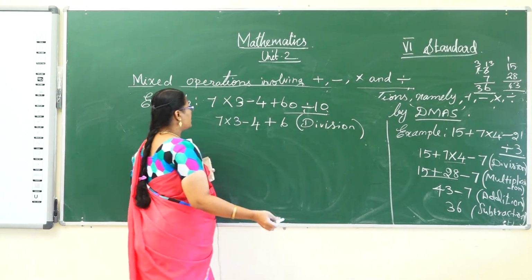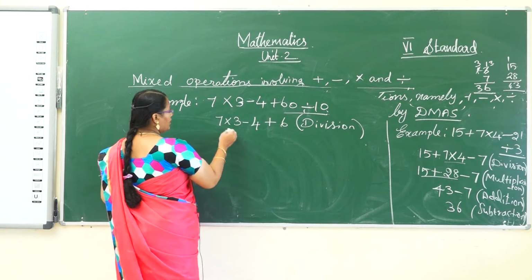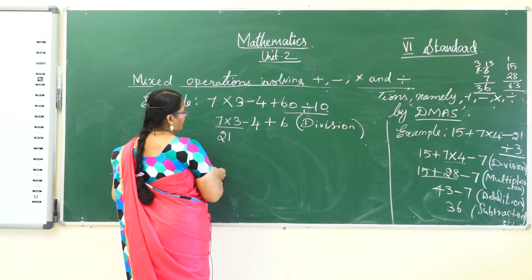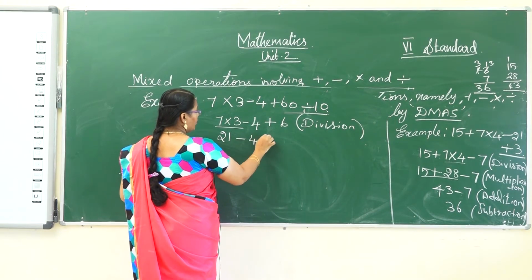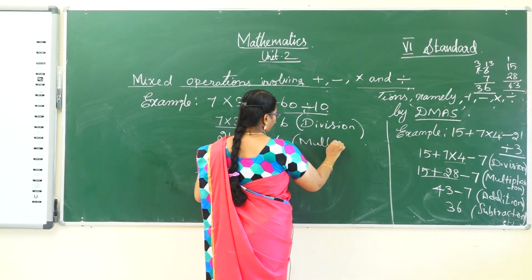Next preference to multiplication: multiply 7 into 3, which is 21. So 21 minus 4 plus 6.